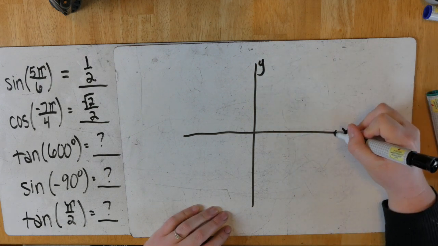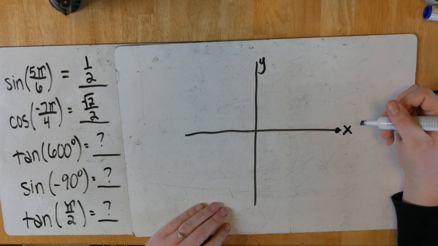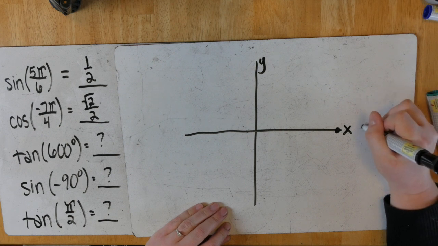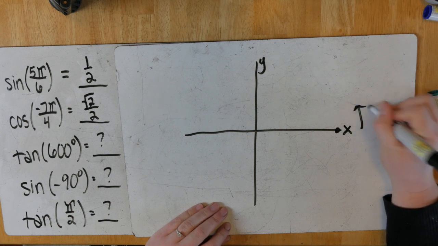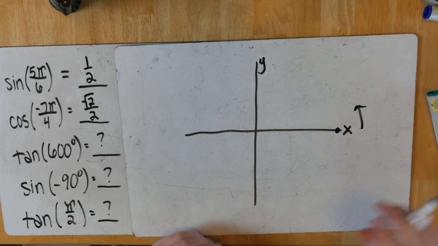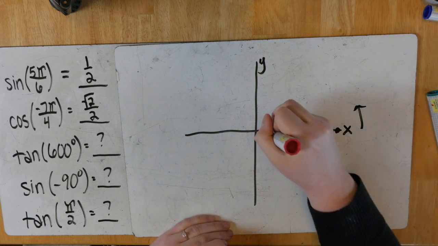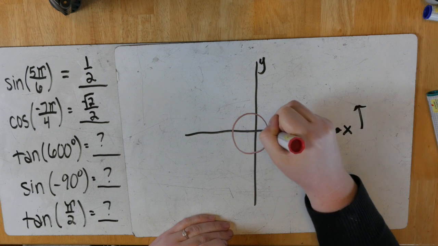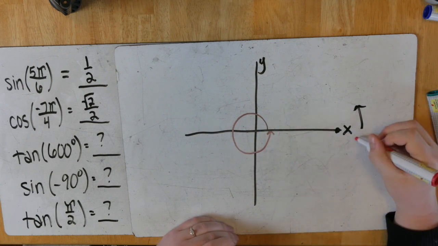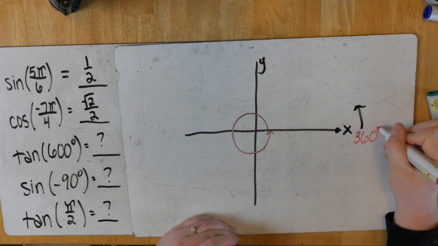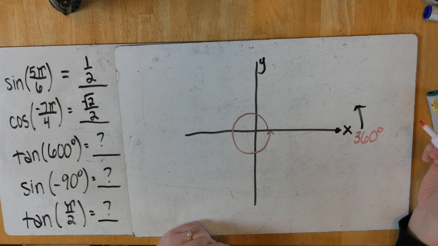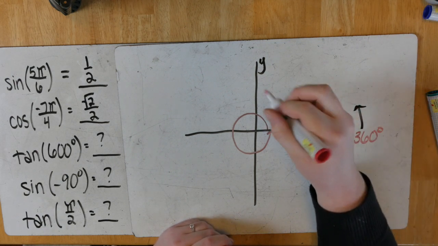And we know we start at the starting point on the positive x-axis, and for a positive angle we're going to go counterclockwise. And in this case we will go a full 360 degrees, a full rotation, before reaching our angle. So we're going to keep going.